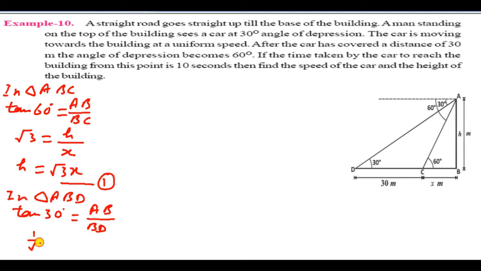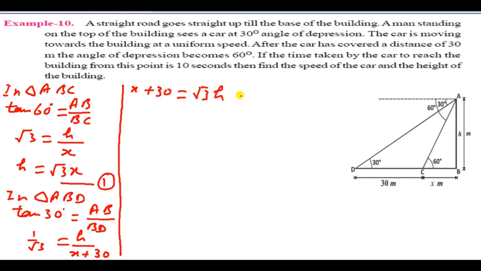It is 1 by root 3, AB is h and BD is x plus 30. Now do cross multiplication. So we get x plus 30 is equal to root 3 times h. So that is your second equation.